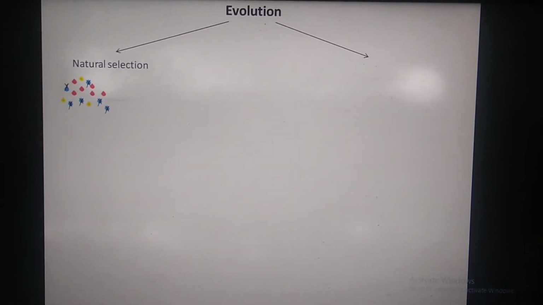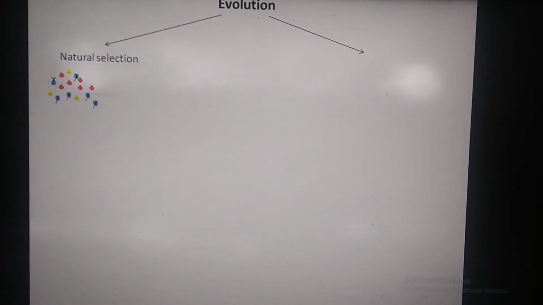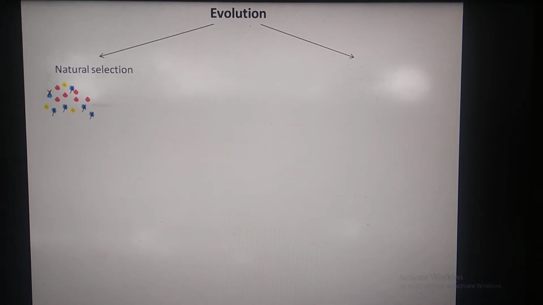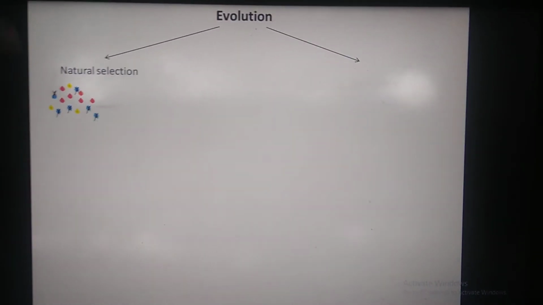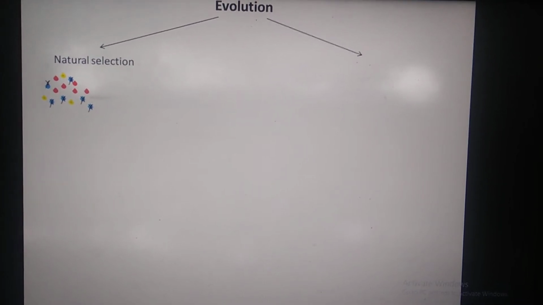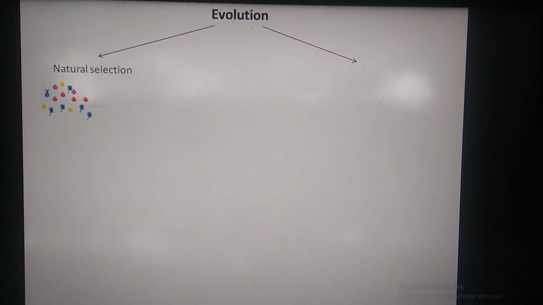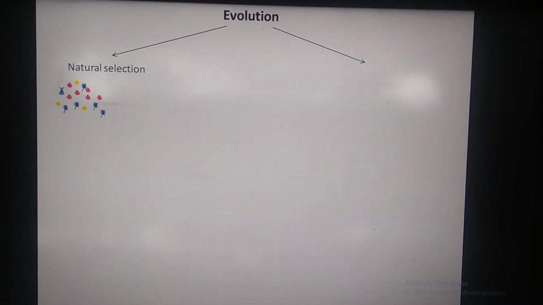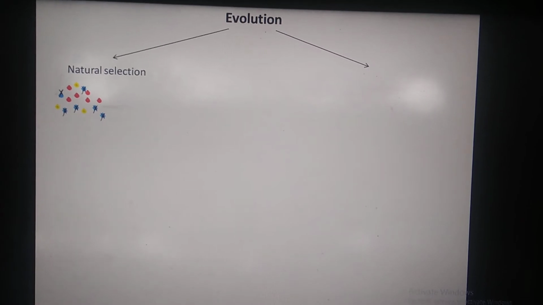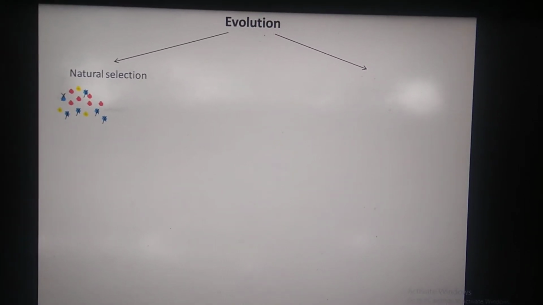Nature selects only the red one and the yellow one because they are conferring some advantage to the individuals who have these traits, and nature is selecting them to reproduce and grow in number. So this is the concept of natural selection, where nature selects some traits which are advantageous for the survival of the organism in a changing condition, and they survive and they reproduce.